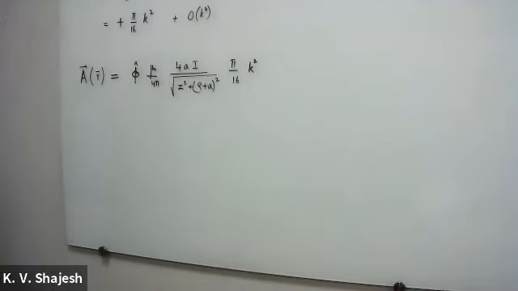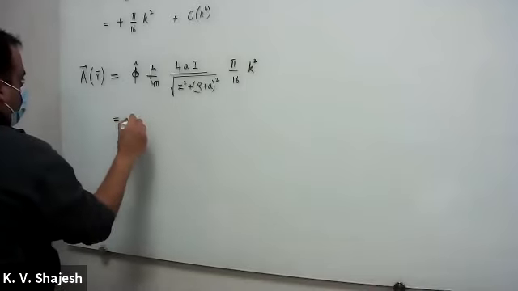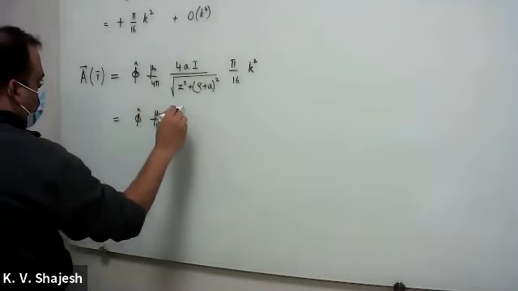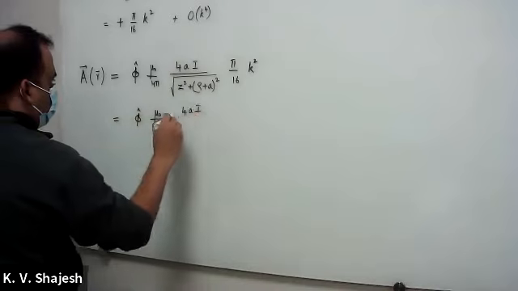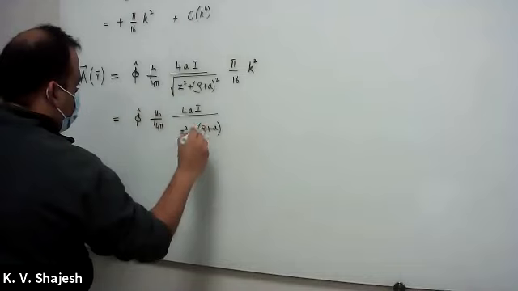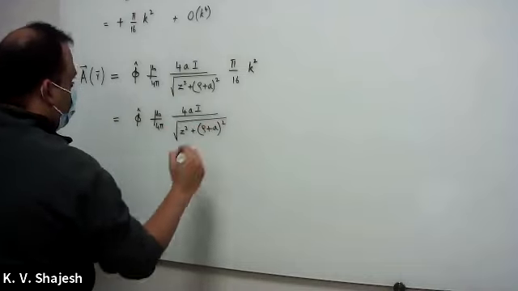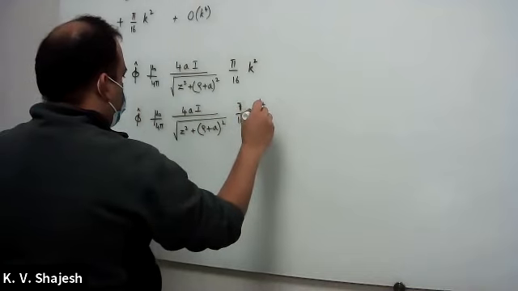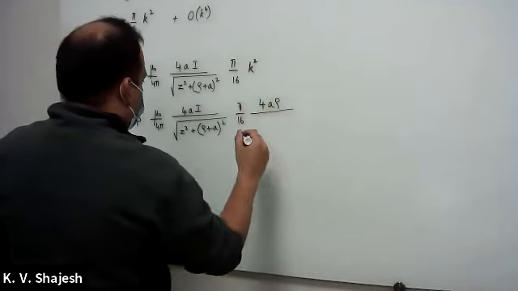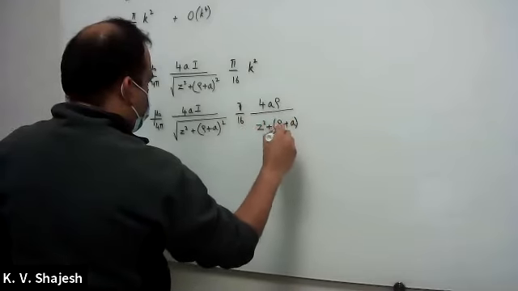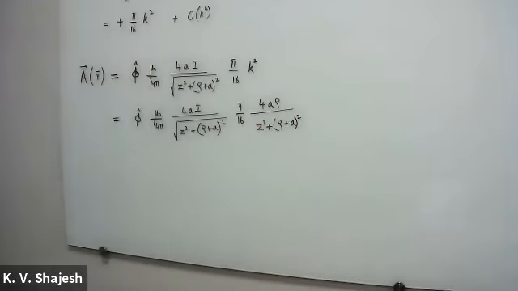We got the leading order, so we don't write that. That's equal to phi hat mu naught over 4 pi, pi over 16, and this was 4 a rho over d square plus rho plus a the whole square. Correct.